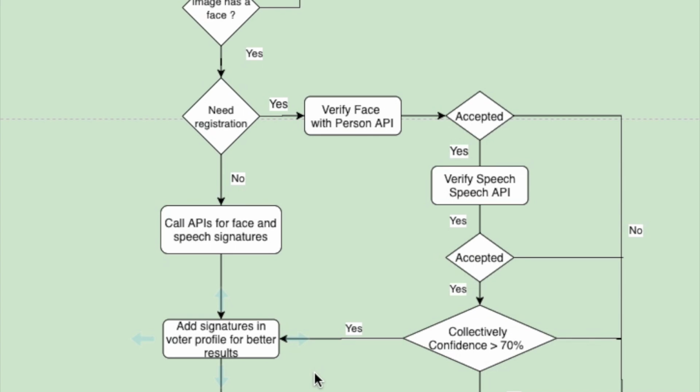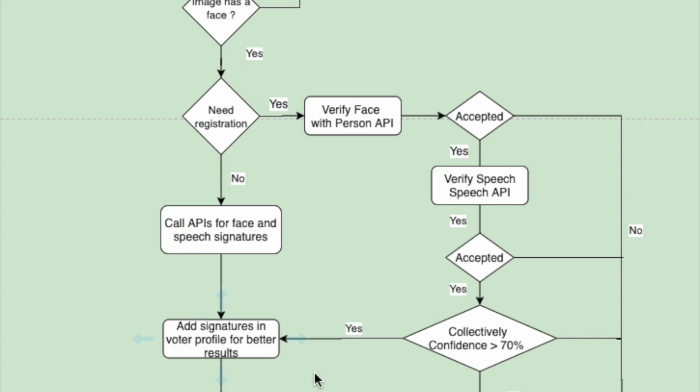Now, there are other ways of using Face ID or Speech ID which do not include profiles. That's simpler to implement, but it's not robust enough, because when you create a profile, you can keep adding more and more data to the same profile, and you can retrain the model again, and that way the authentication results next time get better.